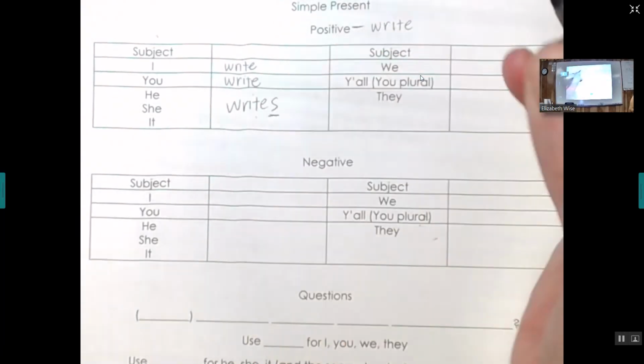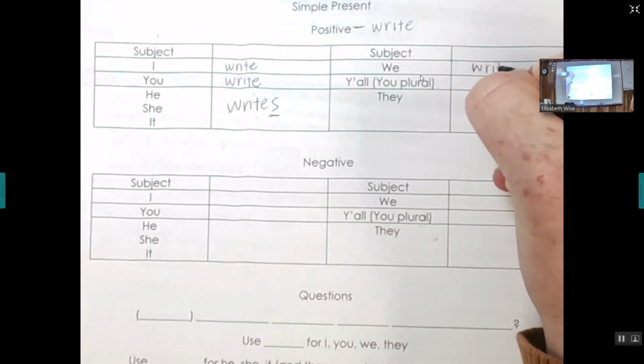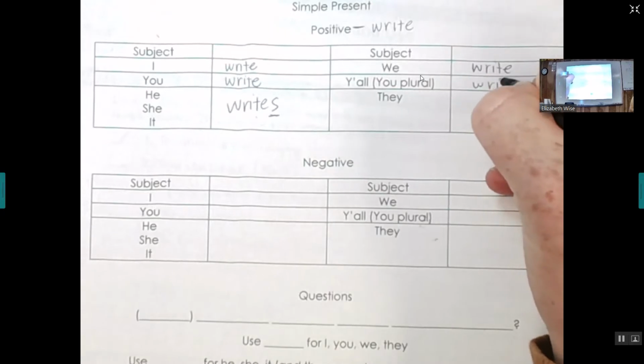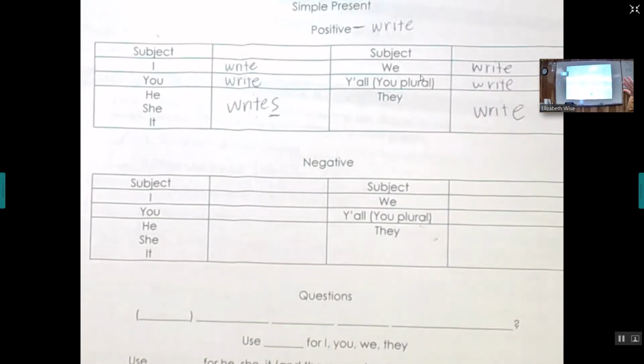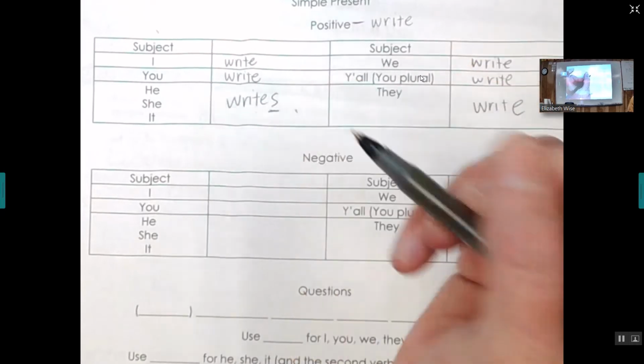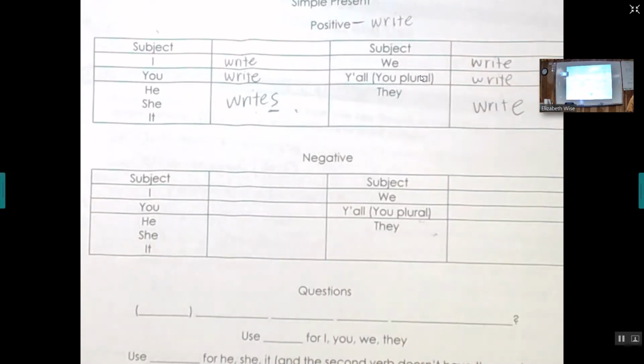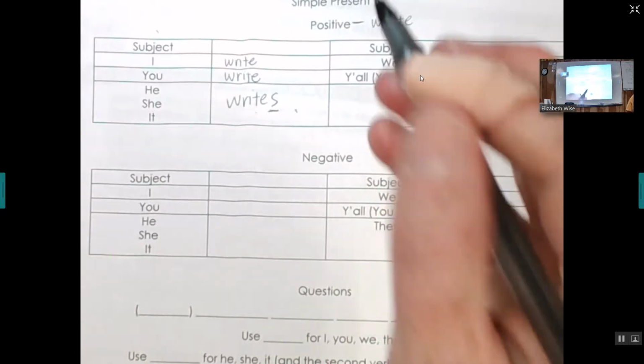And then everyone else is write, no S. So the only one that has the S is he, she, and it. Okay? We got that. We'll practice it.